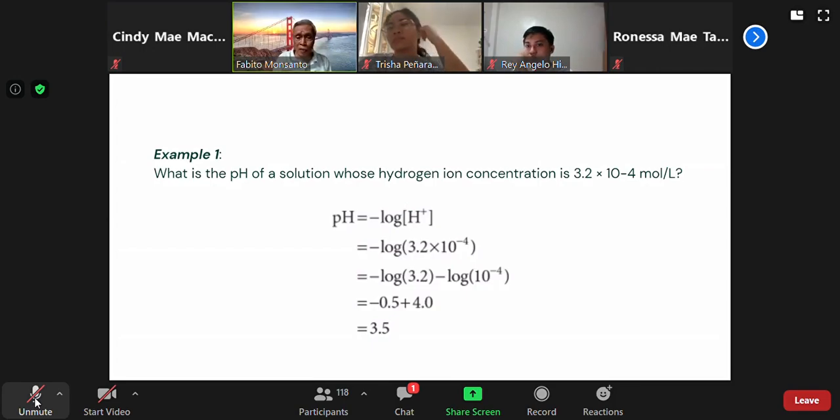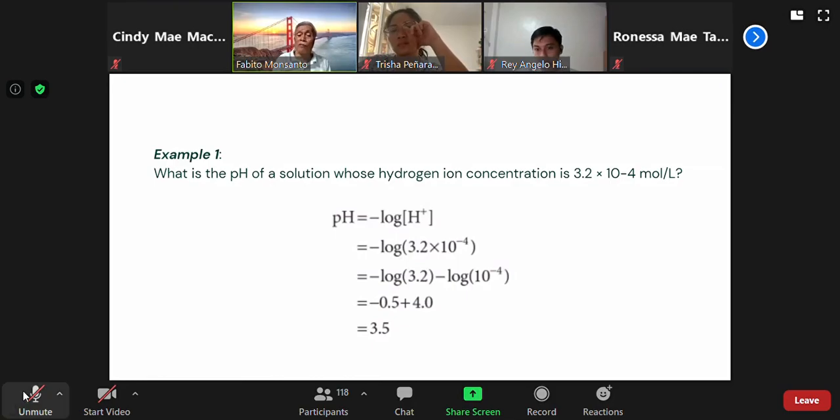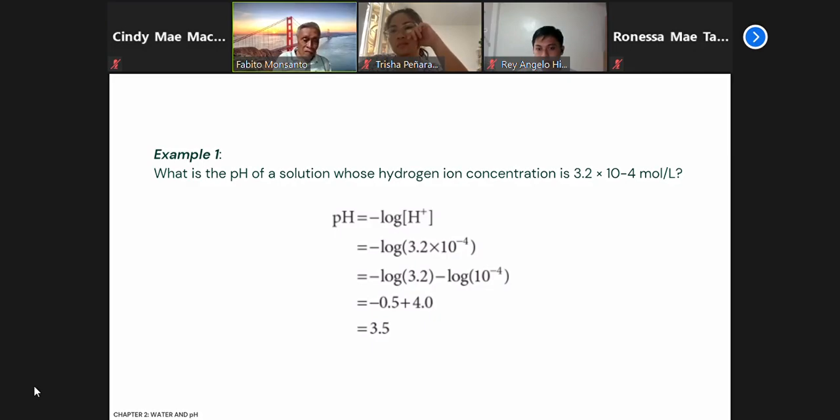Here's just an example of your pH determination. Okay? You have your pH equals negative log of hydrogen ion concentration, and that is the negative log of 3.2 times 10 to the minus 4.